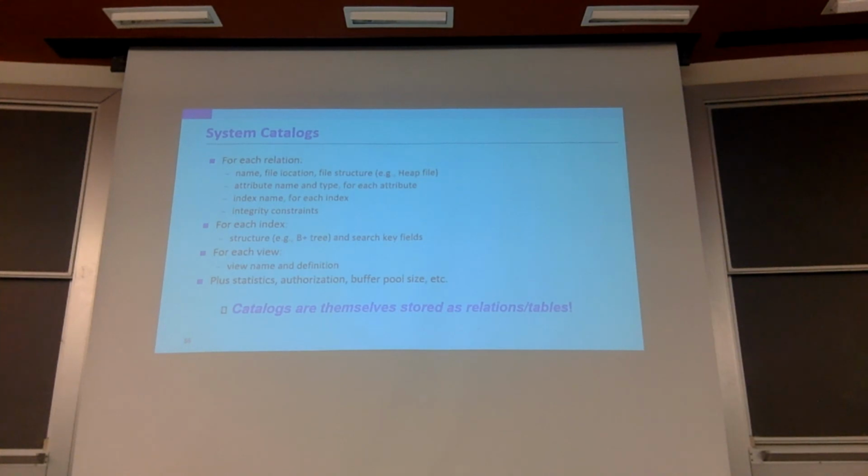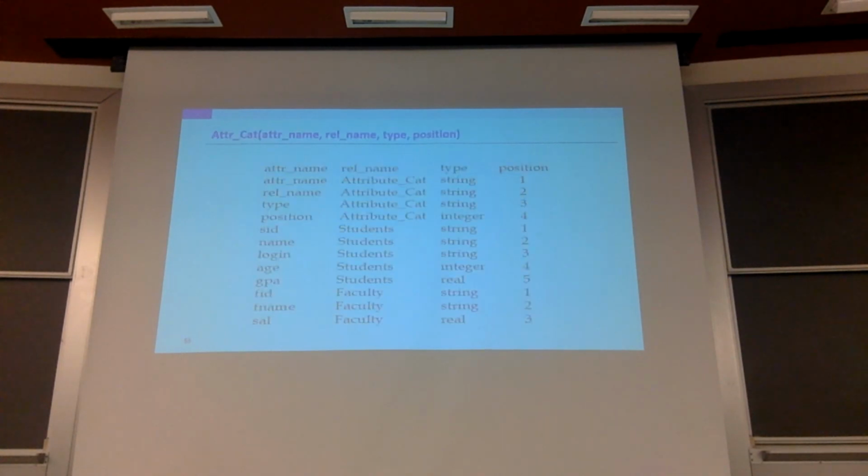So they are no different from an ordinary table, except that they always exist in your system, and they are pre-populated when you initialize a database instance. Okay. So here's an example. Suppose you have this attribute cat, which covers about every attribute in your database system.